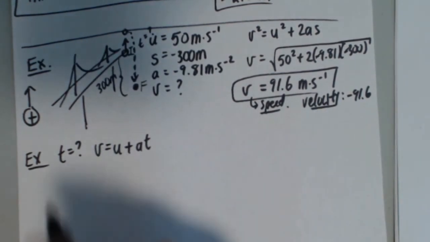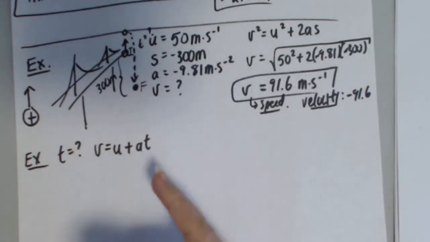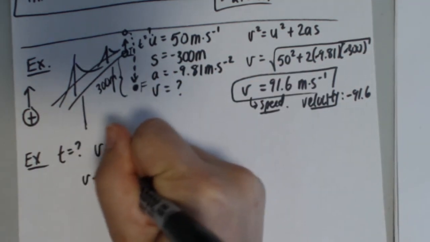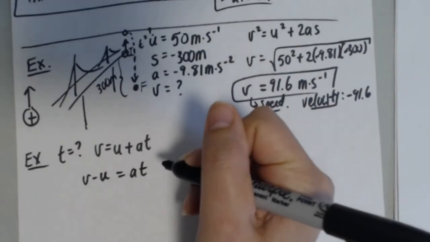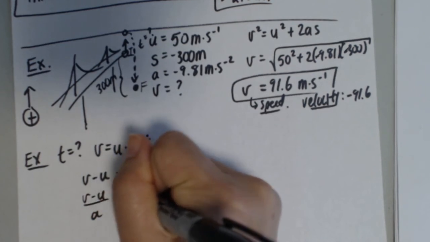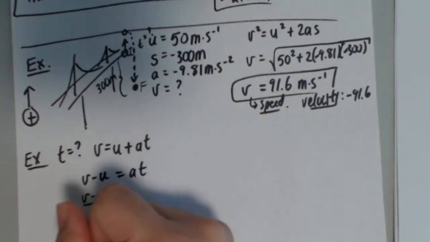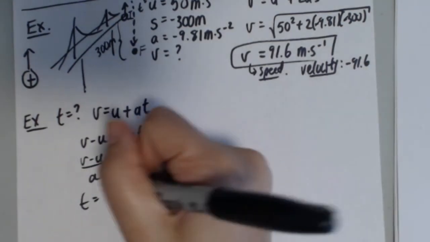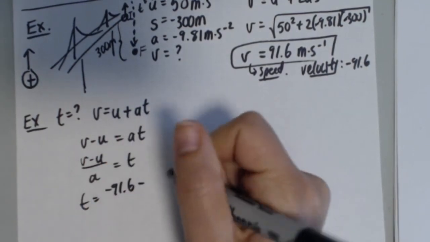So be very careful. So that means if I want to rearrange this for time, it's going to be v minus u equals a times t, and then divide both sides by a. V minus u divided by a is equal to t. So t is equal to v, which is negative 91.6, minus u.